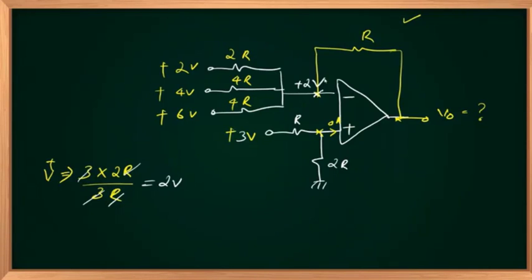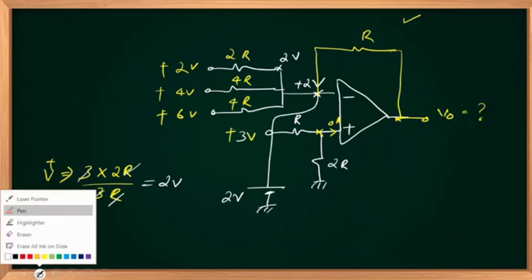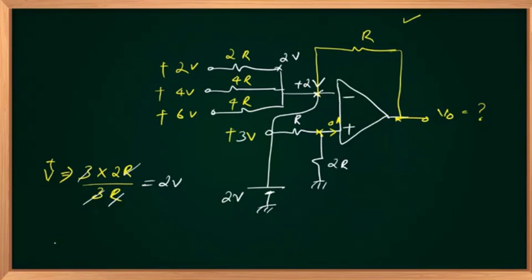Right. So this potential is 2 volts with respect to ground. Since this is at 2 volts, the branch current going to the first branch will be 0. 4 minus 2 by 4R, this current I will mark as I1.